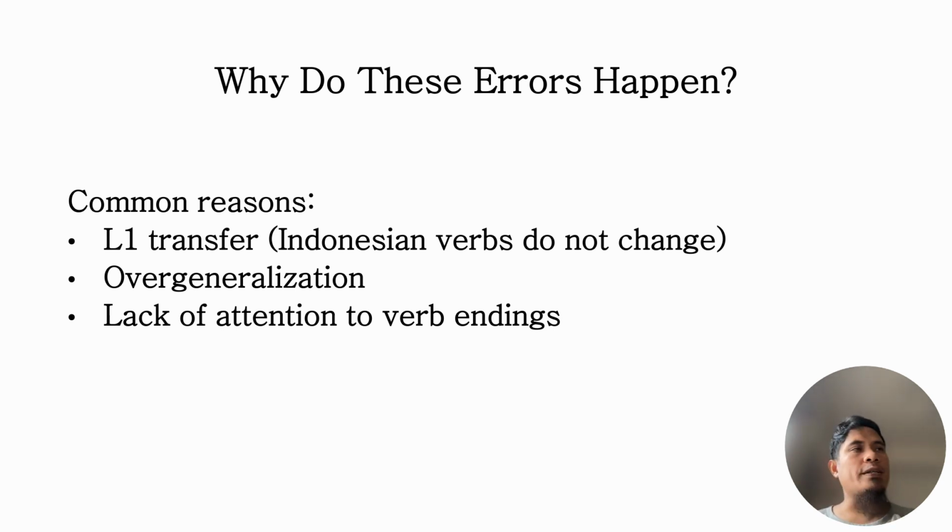Because of this difference, learners sometimes apply the same pattern when speaking or writing in English. Another reason is overgeneralization, when learners apply a rule too broadly. And finally, sometimes these errors occur simply because learners do not notice small grammatical endings like S endings.